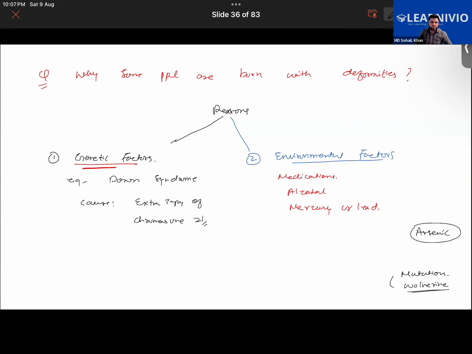And then there are some other causes also. There could be some unknown causes too, as many birth defects are very difficult to understand. Also, have you guys seen babies born with 4 legs, 6 legs? You might have seen some documentaries.